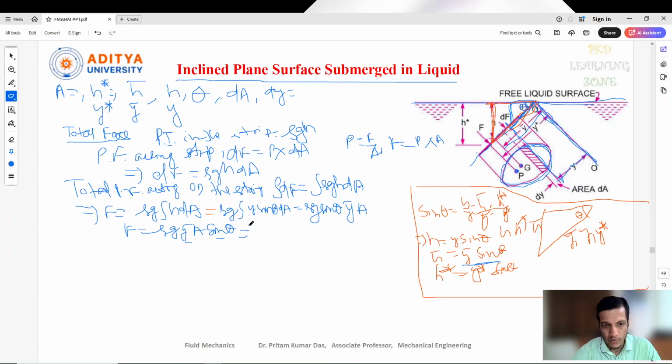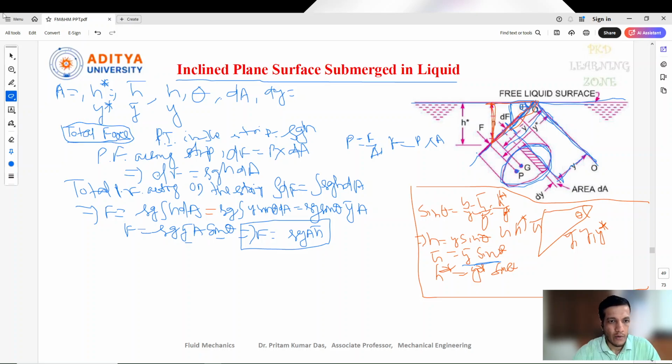So F equals rho g A h bar. This is the force acting on the inclined surface.